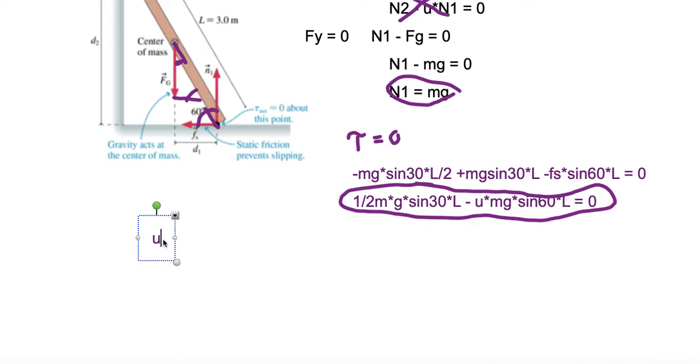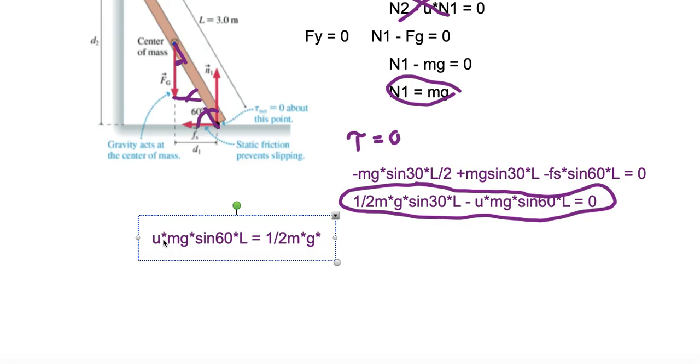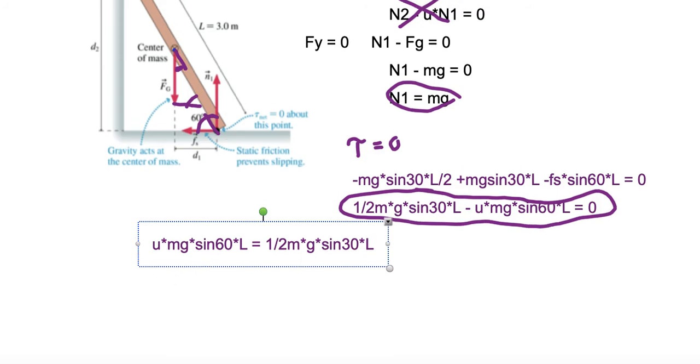So mu times mg times the sine of 60 degrees times L is going to equal, and I'm just manipulating the equation up there, 1/2 of m times g times the sine of 30 degrees times L. The nice thing is we can do a lot of canceling out here, and that often happens in these problems.